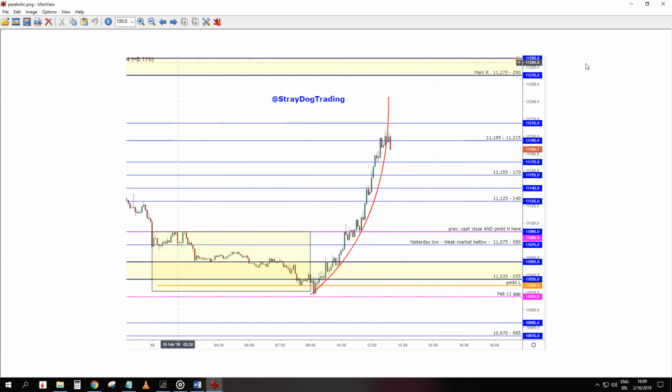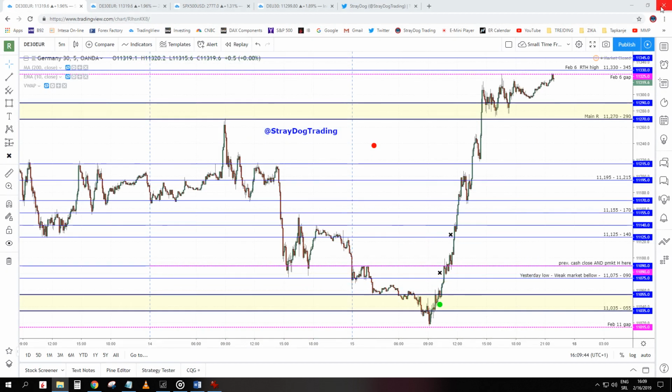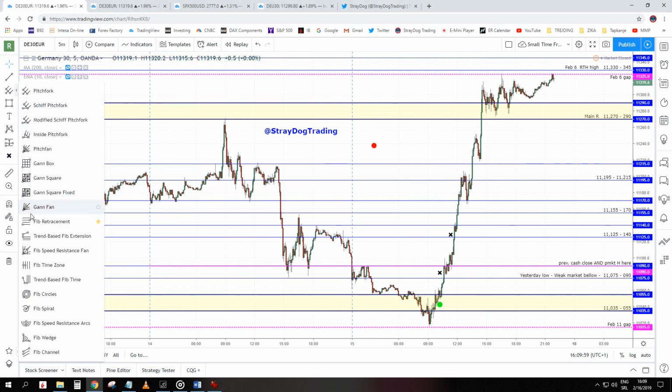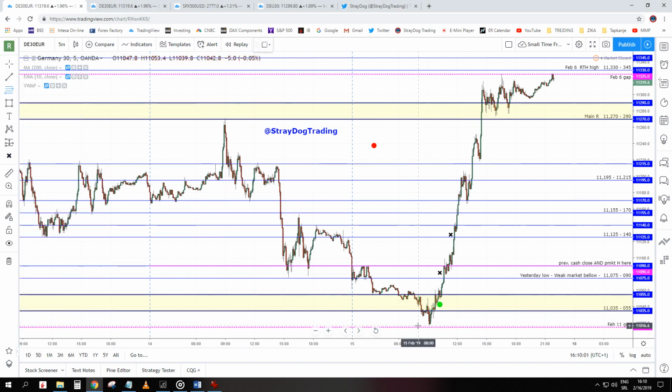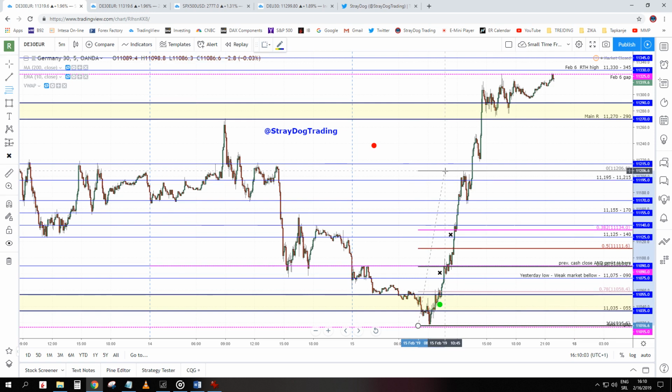So this is the place for a pullback, and it was a place for a pullback, but now in hindsight we could say a much better decision would be for a buyer, because you can see this move has had no pullback whatsoever. And if you are going to follow that and make a fib, then 38.2 is here. That could be a logical pullback.